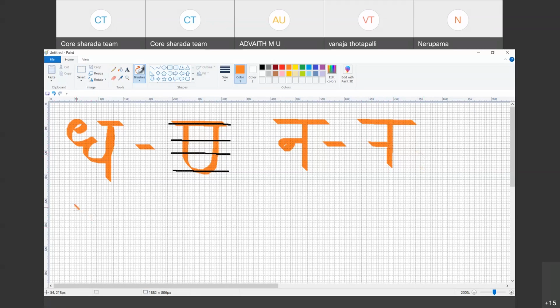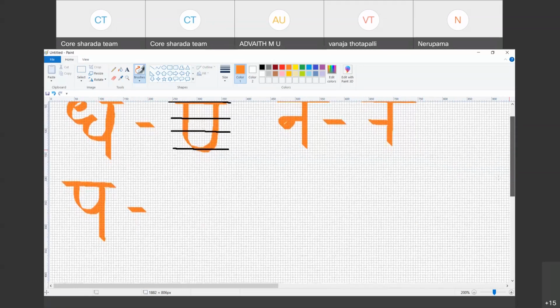Now we see the next varg, pa. Again, there was a lot of confusion with the curve that is in the beginning of this letter. So we will see that again. Small curve. Then we draw it like this, and it doesn't have any Shirorekha.